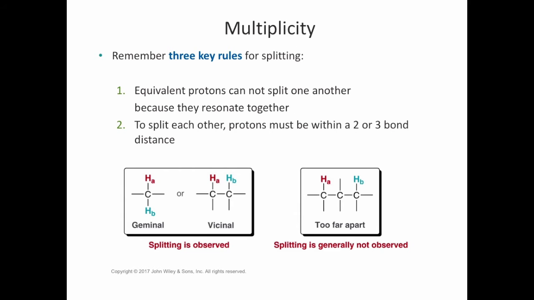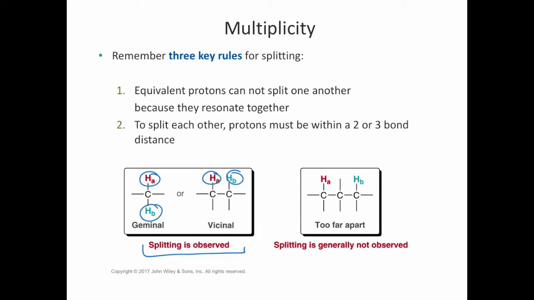There are 3 key rules for splitting. Number 1, equivalent protons cannot split one another because they resonate together. 2, to split each other, protons must be within a 2 or 3 bond distance. So if we look here, splitting is observed between HA and HB.